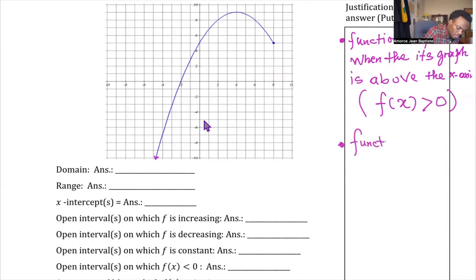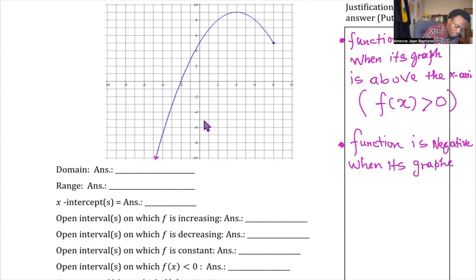Function is negative when its graph is below the x-axis.